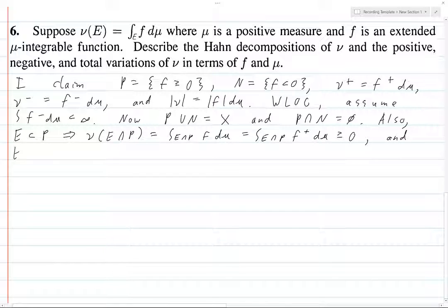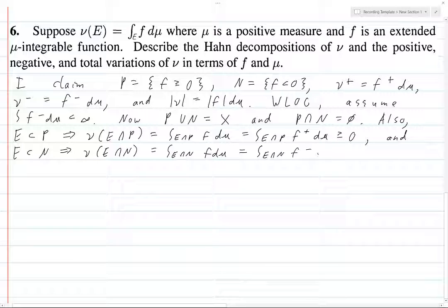And if E is a subset of N, of course measurable, then nu of E intersect N, similar story, is the integral over E intersect N of f d mu. Now this is equal to minus the integral over E intersect N of f minus d mu, which is less than or equal to 0.